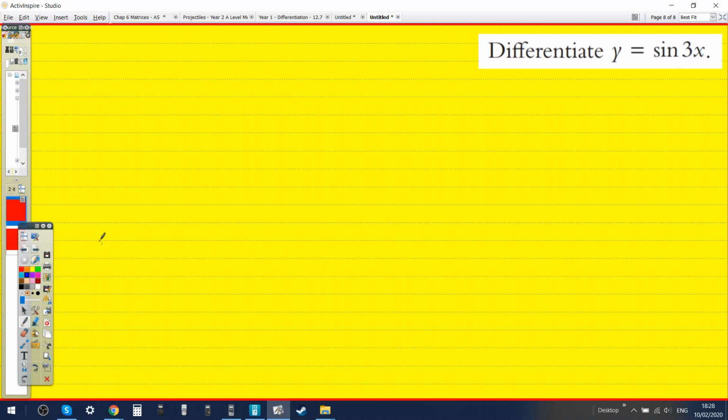So that's just cos 3x. Do you need to bring the multiplying factor to the front or something? Yeah, the function inside the function. Oh, so you'd think of it as chain rule almost. Yeah, it is chain rule.